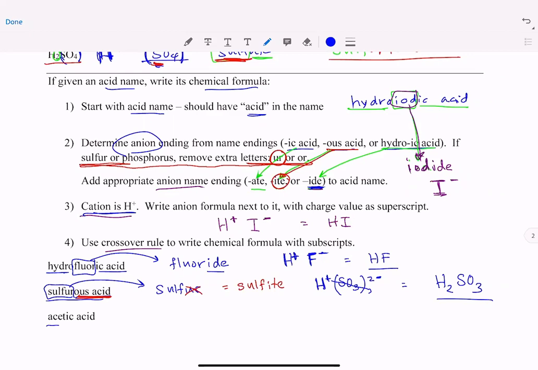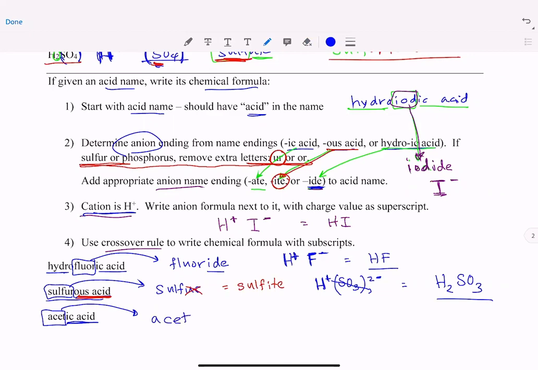Now let's look at the last one, which is acetic acid. Notice the name ending, which is ic acid. Take the first part of it, ACET, and rewrite ACET.